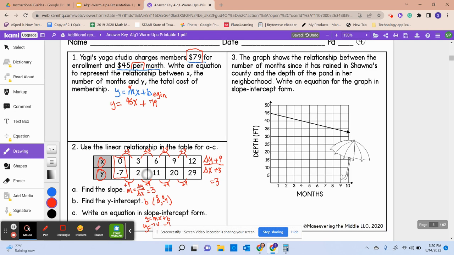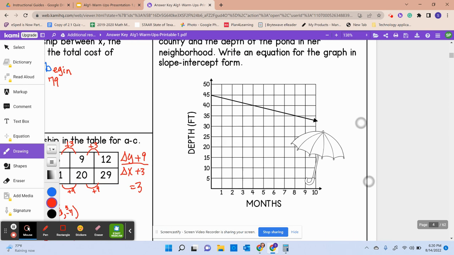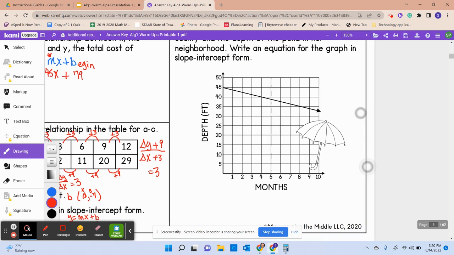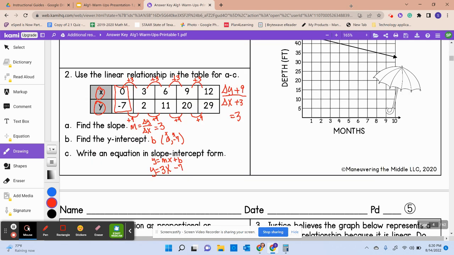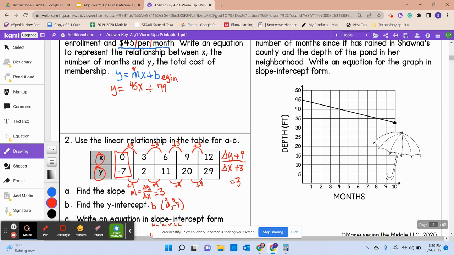And for the final question, the graph shows the relationship of the number of months since it's rained in Shauna's country and the depth of the pond in her neighborhood. Write an equation in slope-intercept form. Slope-intercept form is y equals mx plus b, where b is where we're going to begin on the y-axis.